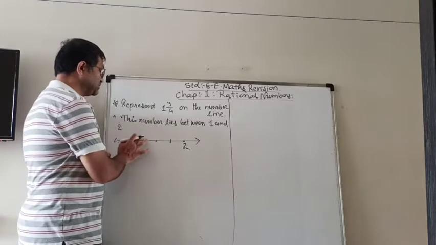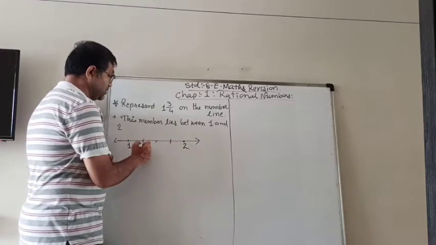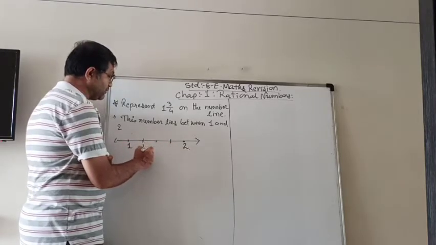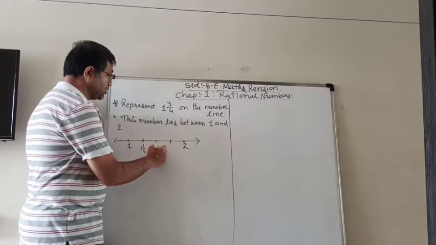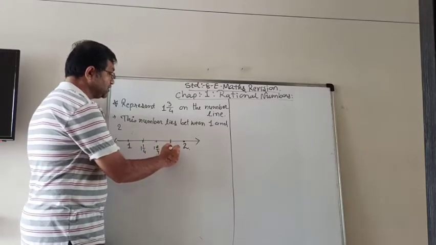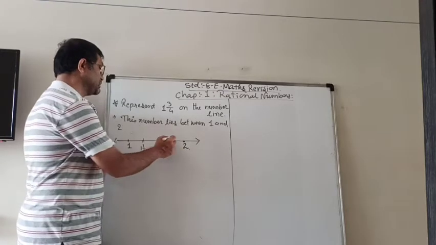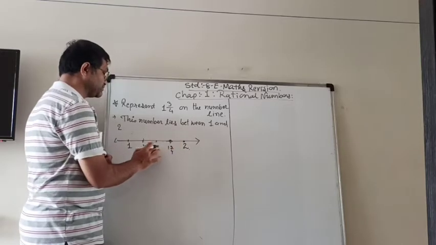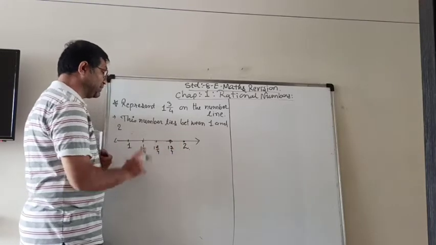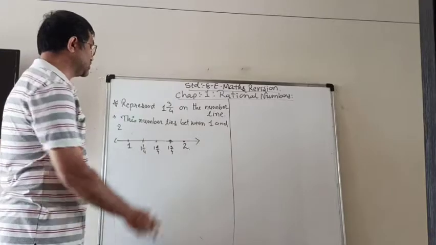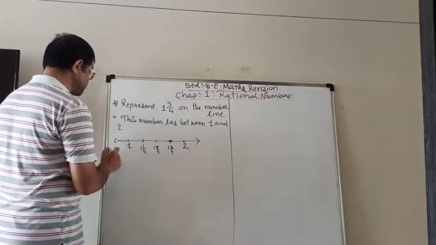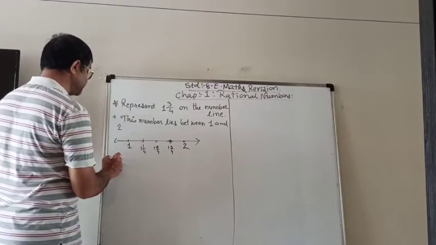So here you can say it will be one integer 1/4, that is one integer 2/4, one integer 3/4, and we have to locate 3/4. So we can just make that point darker. You need not write down this one, but I just write down for your convenience. Let's take another one.